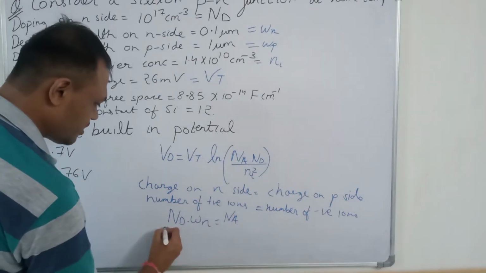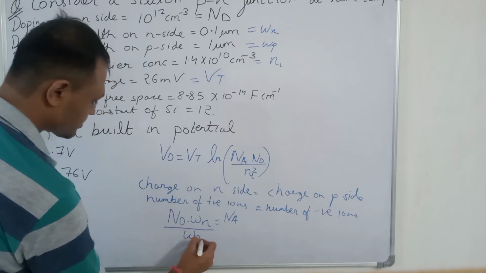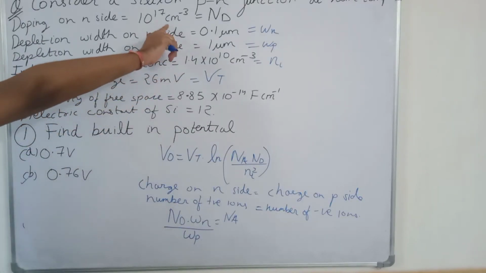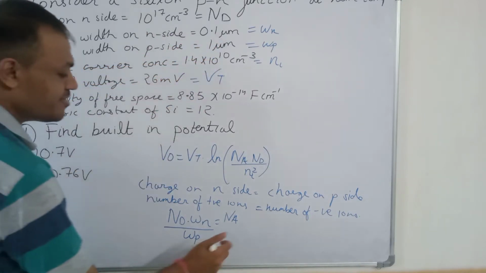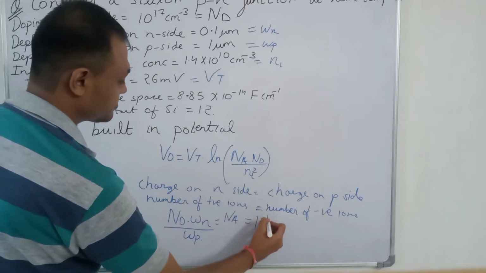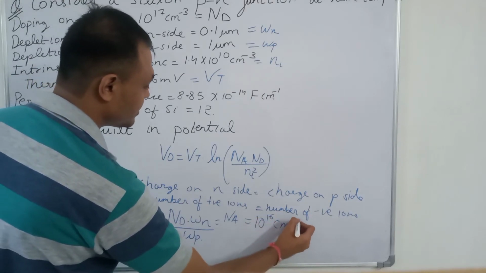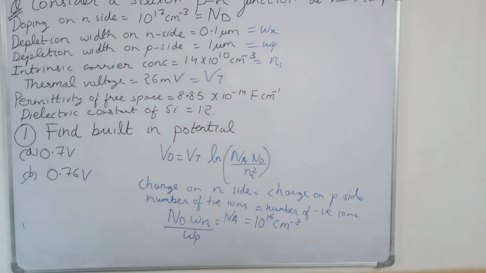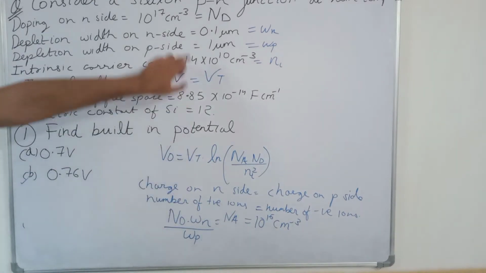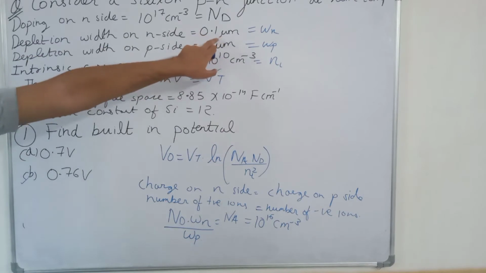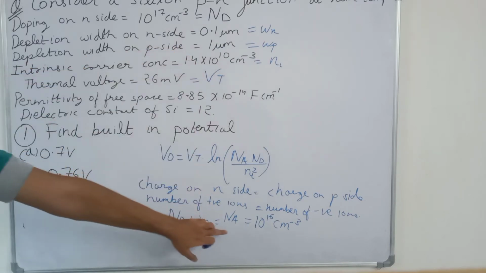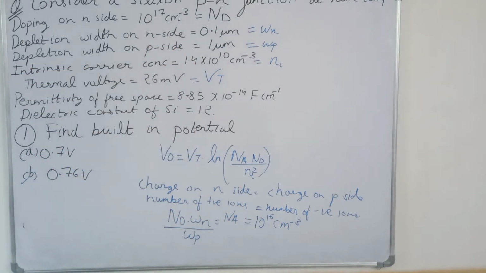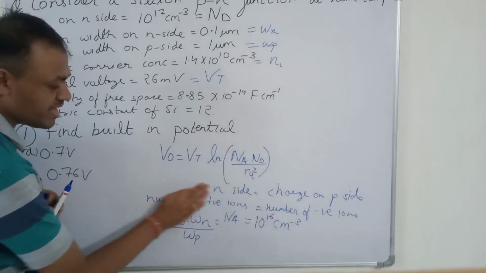Nd is given as 10 to the power 17, Wn is equal to 0.1 micrometer, that is depletion width on N side, and Wp is equal to 1 micrometer. So Na will be equal to 10 to the power 16 per centimeter cube. So we have found Na.